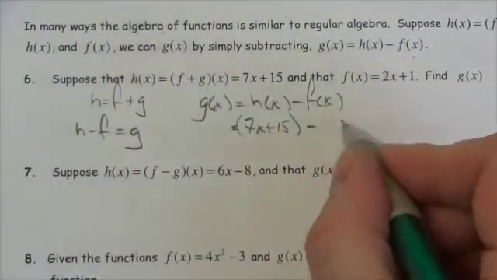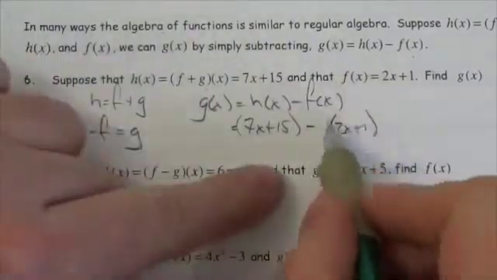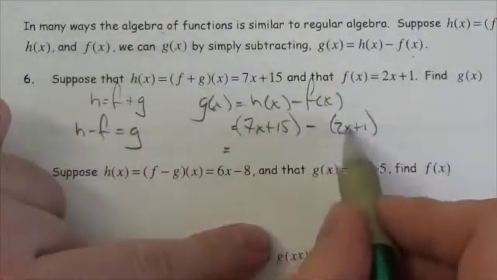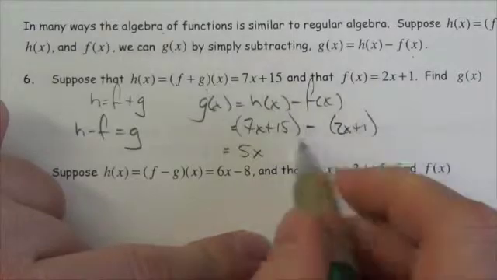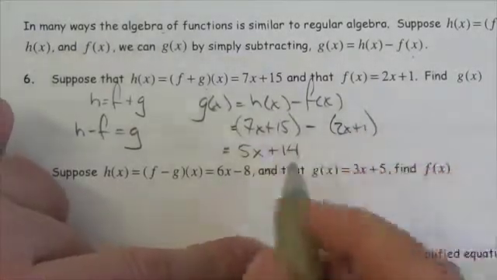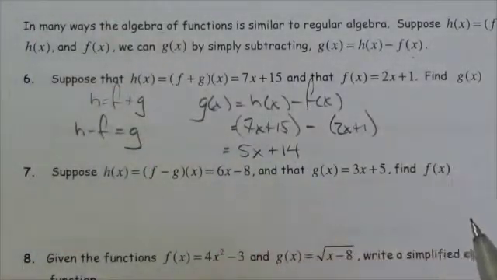F of x is 2x plus 1, so we're going to put that in parentheses, because the whole thing is 2x plus 1. Now when we drop the parentheses, I'll distribute the negative through. So 7x minus 2x is going to be 5x. 15 minus 1 will be 14. So g of x is going to be 5x plus 14.